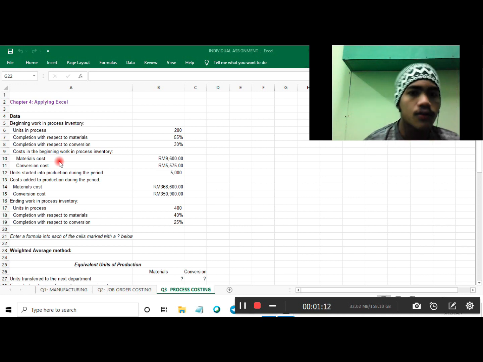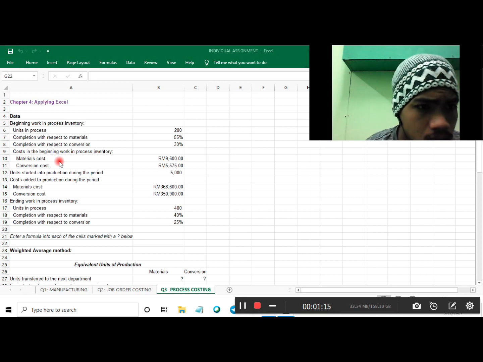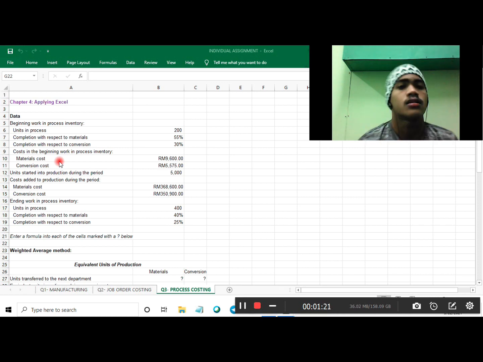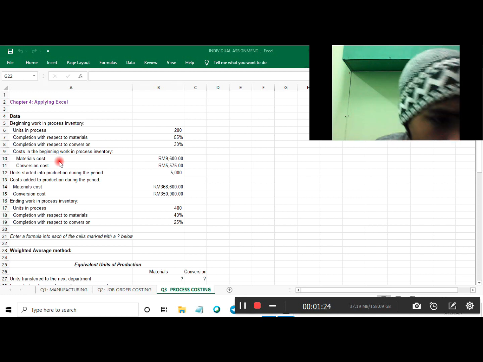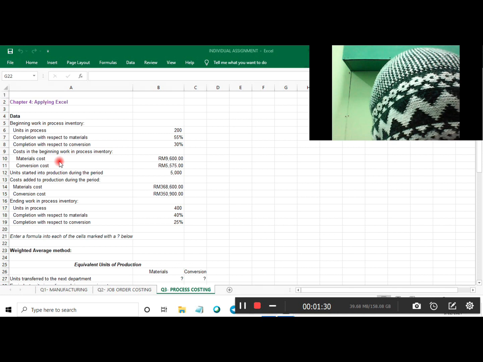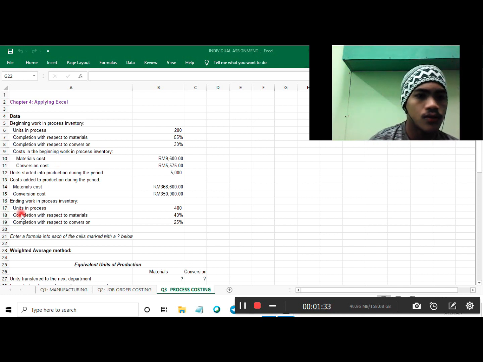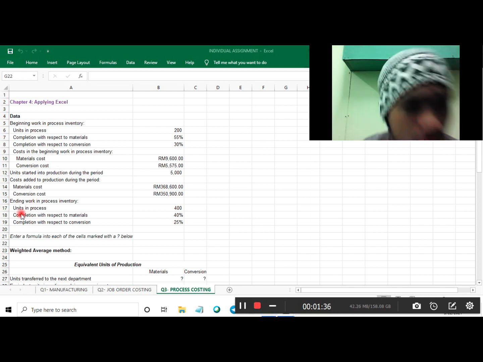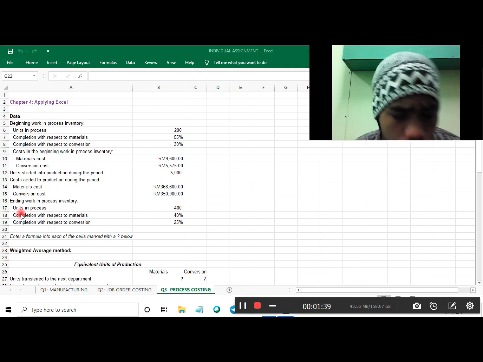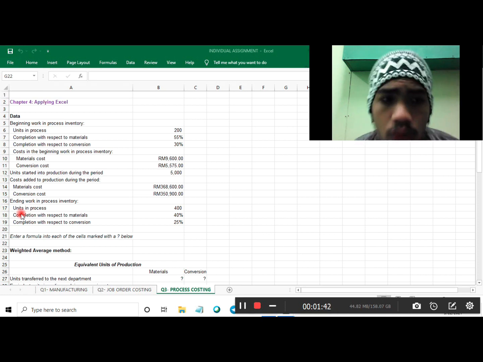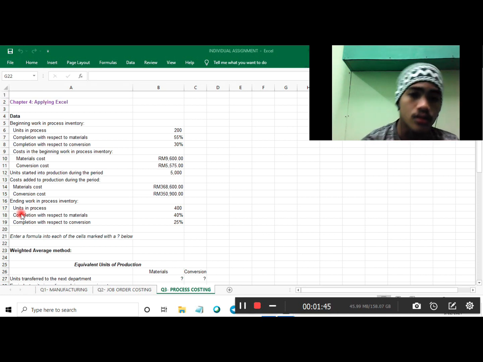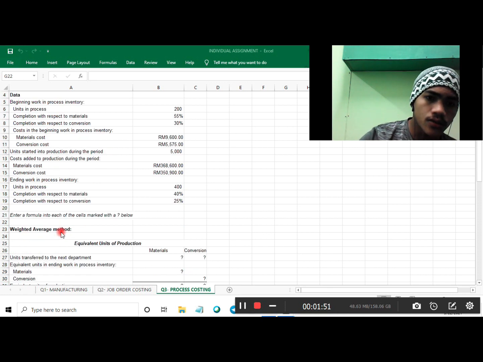Units started is 5,000, and then the material cost added 368,600, and then the conversion cost 315,900. And then for ending work in process inventory, units in process 400, completion with respect to material 14%, and completion with respect to conversion 25%.